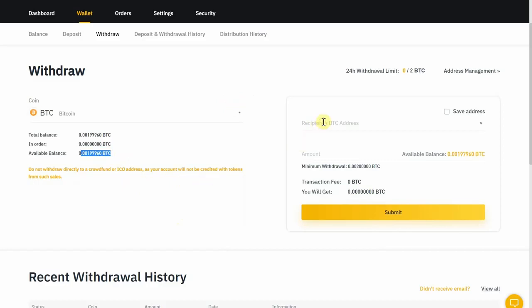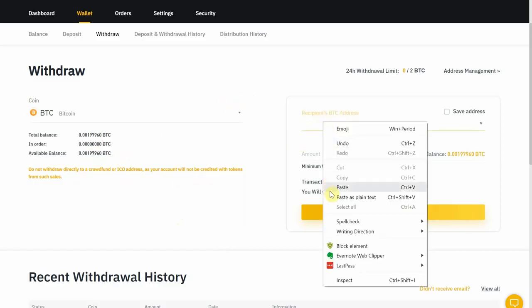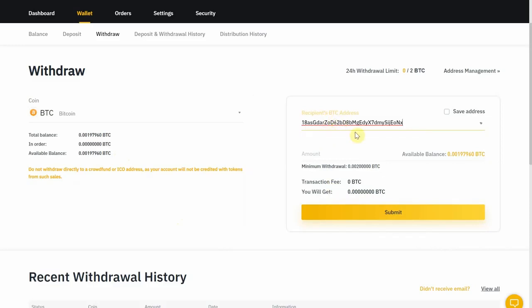Over here on this side is where you paste the address you want to send your BTC to. Apparently my BTC balance is just below the threshold of the minimal withdrawal, but anyways, this is how you withdraw BTC from Binance to another BTC wallet.